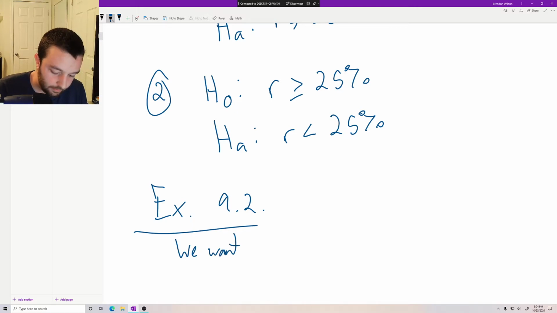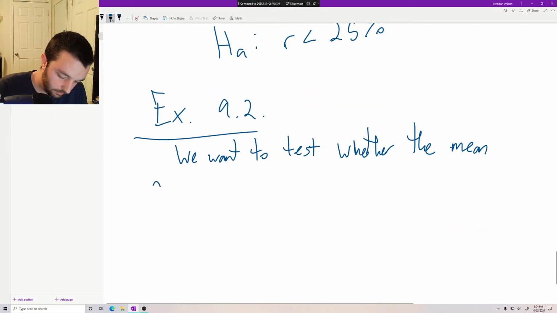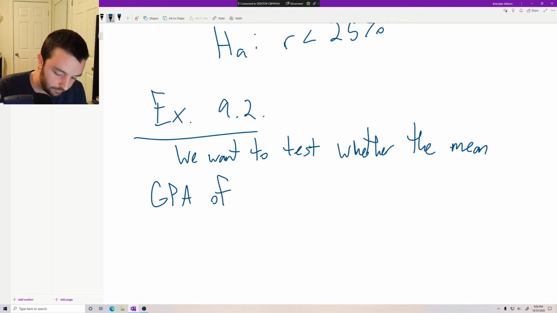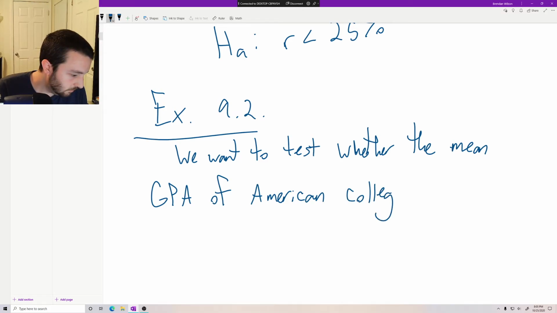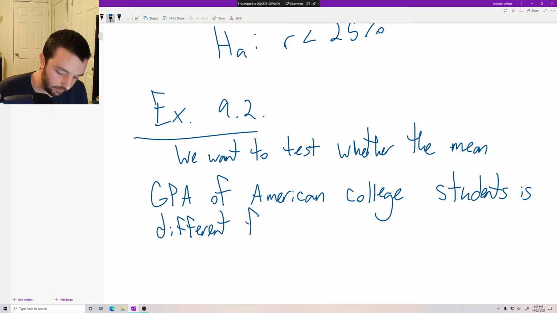We want to test whether the mean GPA of American college students is different from 2.0.